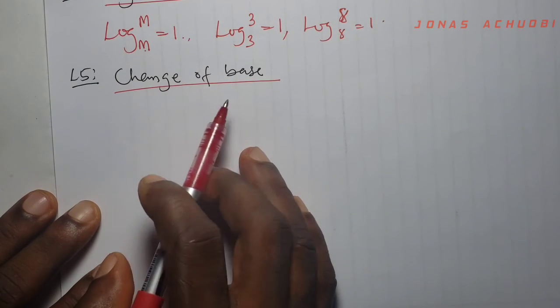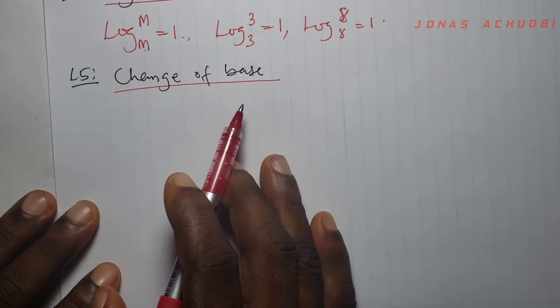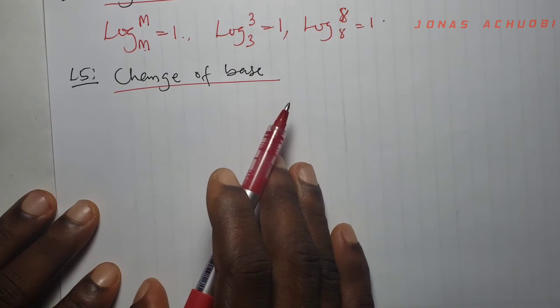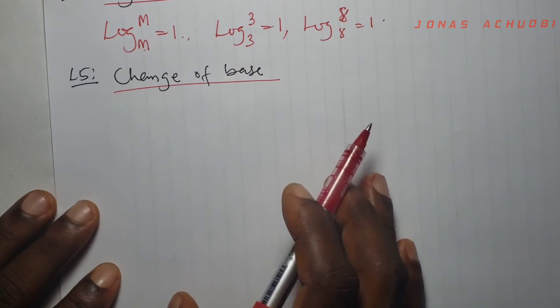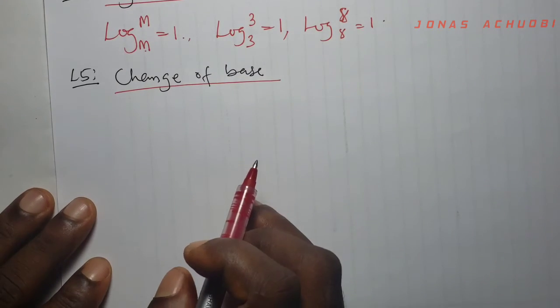Now, sometimes you have a problem to solve or to simplify, and the problem has different bases. So one thing you can do is to change the problem to a certain base of your choice. What I mean is this. Let's take this law first.